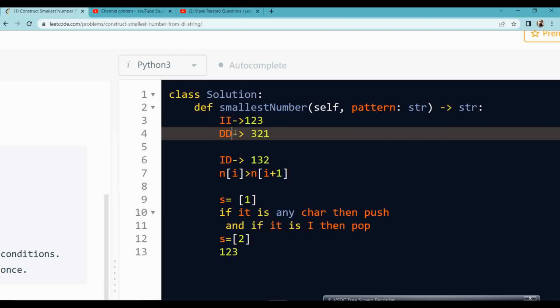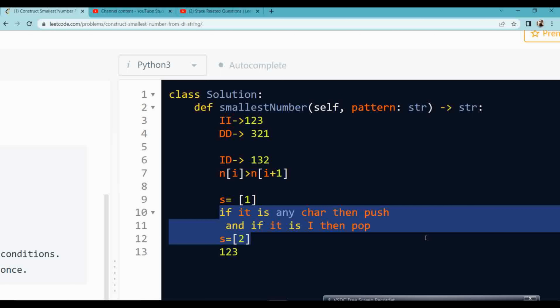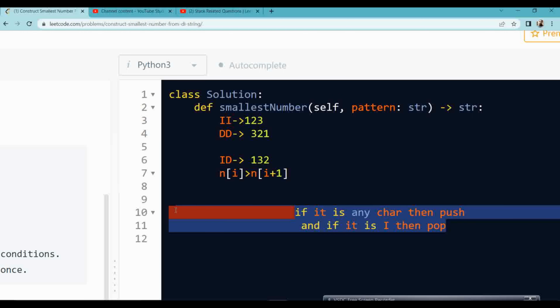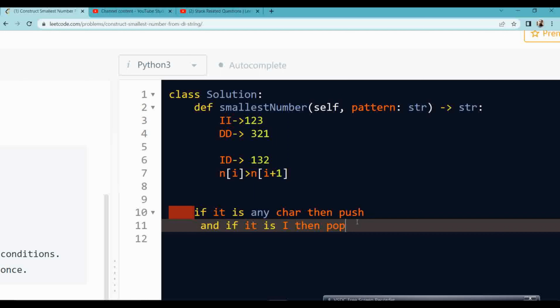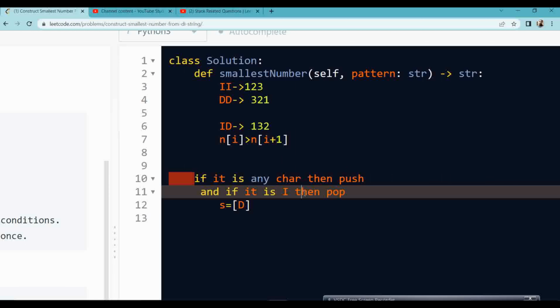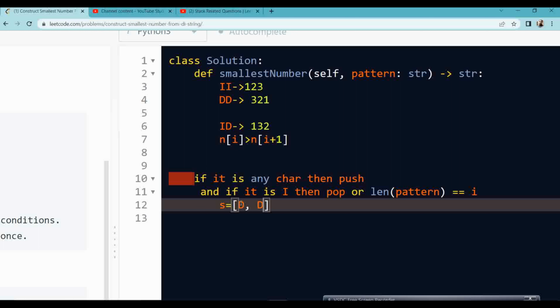Assume that you have DD. If it is I, then in the stack I need to pop, that is D. Again it is not equal to I. If it is equal to I, or our length of pattern is equal to i, these two conditions, if it is not I and the length is also not equal, then I need to again push in our D. Now it is DD.